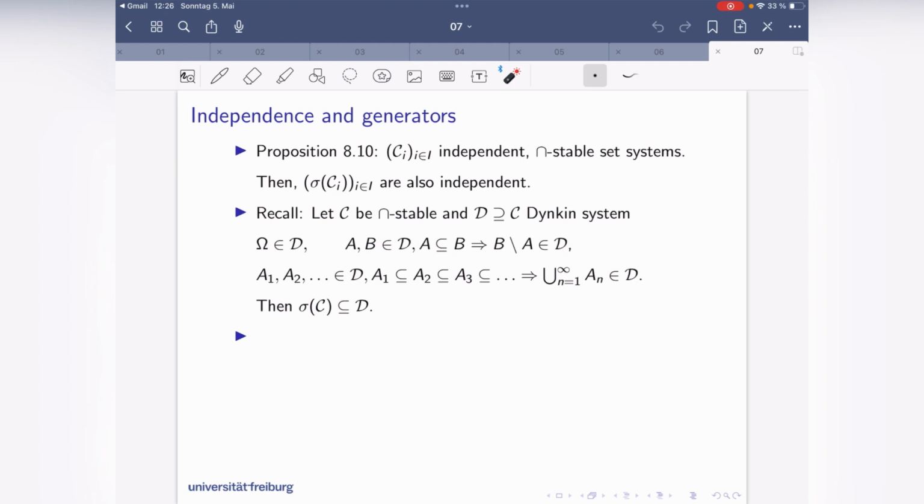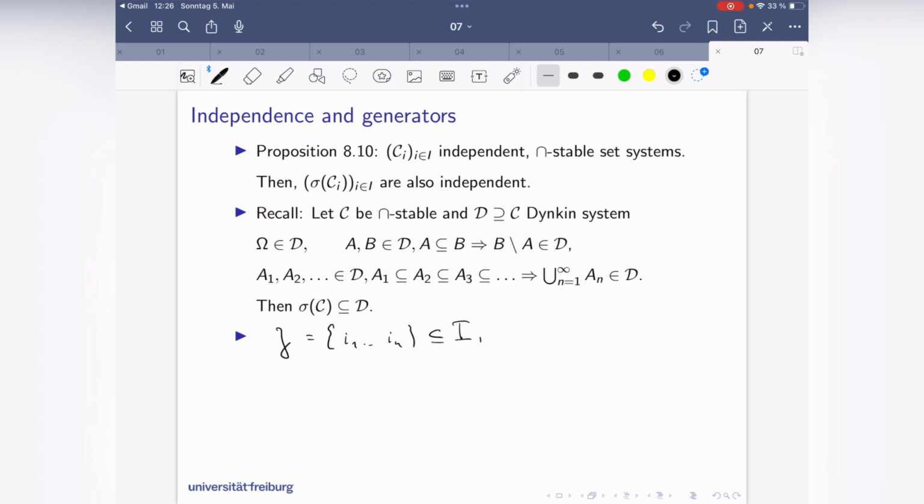So how can one prove this? First of all, we only need to prove independence for any finite subset of I. Let's just call it subset I_1 until I_n subset of I.